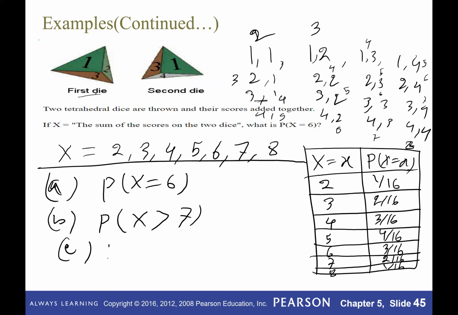Part C, probability of X less than or equal to, or X greater than 6. Okay, find these 3 probabilities, A, B, C. I'm giving you 3 minutes for this one.